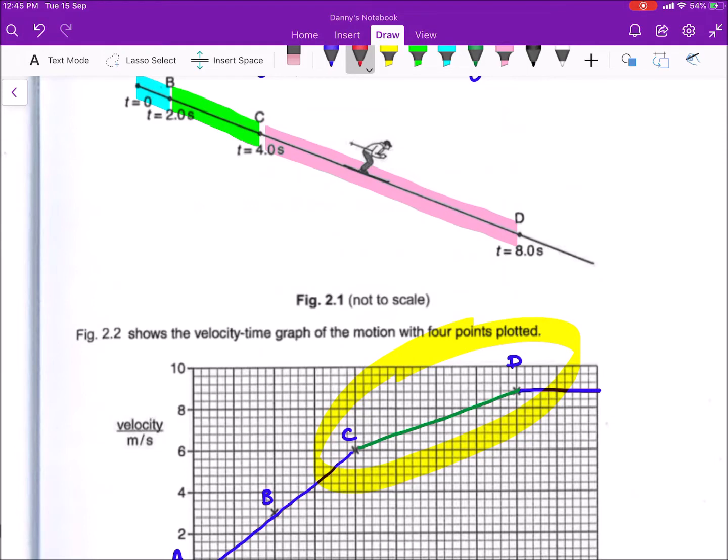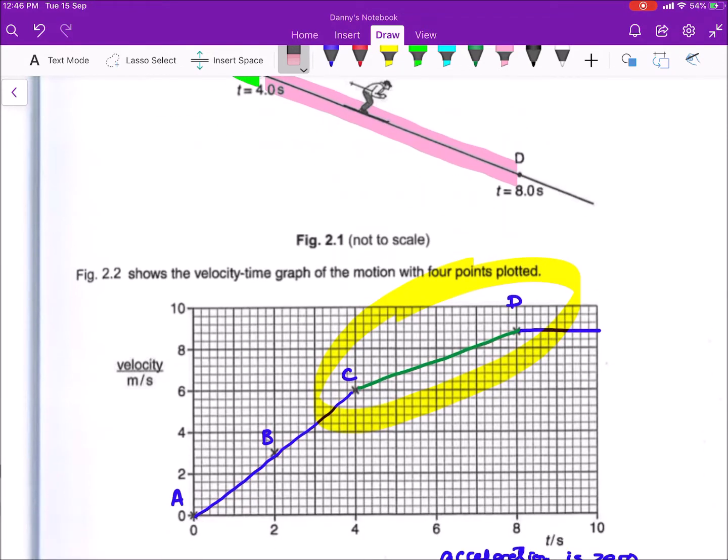And when you have a drag force, that means most likely your acceleration cannot be constant because your drag force is changing with speed. So because of that, I would not expect this part to be a straight line, but I would think that it will be a curve. So I will just join the two with a curve like that.